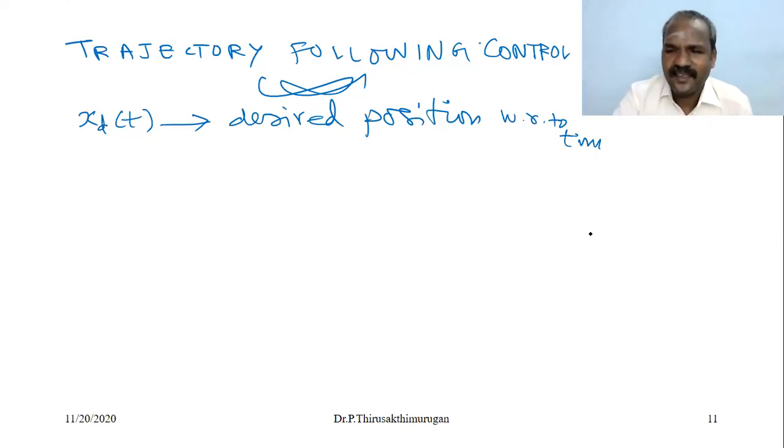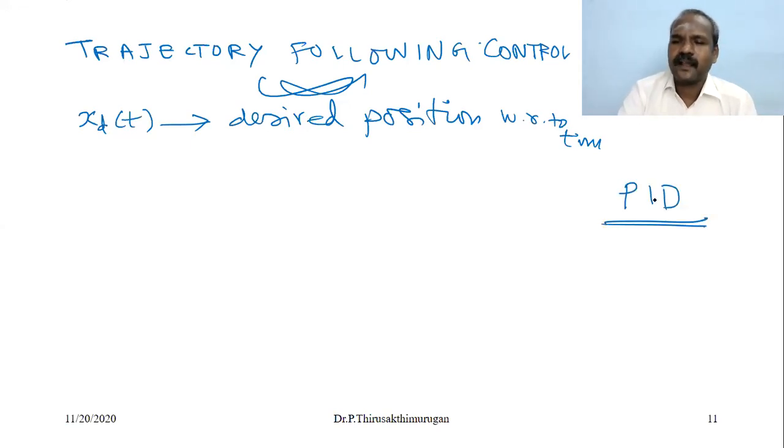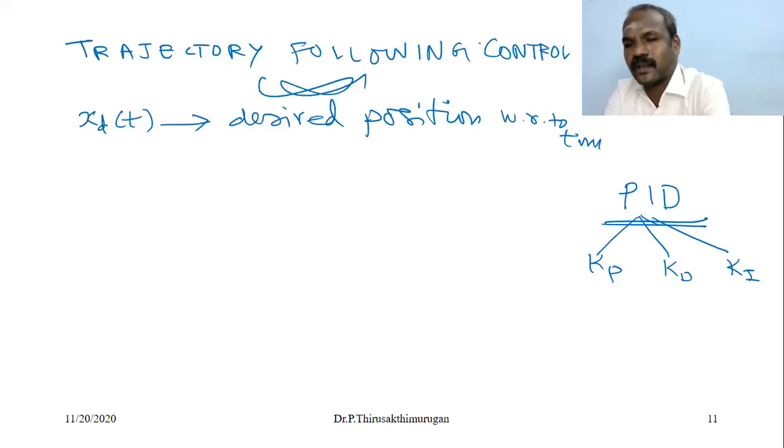Actually, in the control system, wherever you go, the maximum number of parameters of your controller is only 3. For example, a PID controller has only 3 constants, KP, KD, KI, only 3 controller gains.